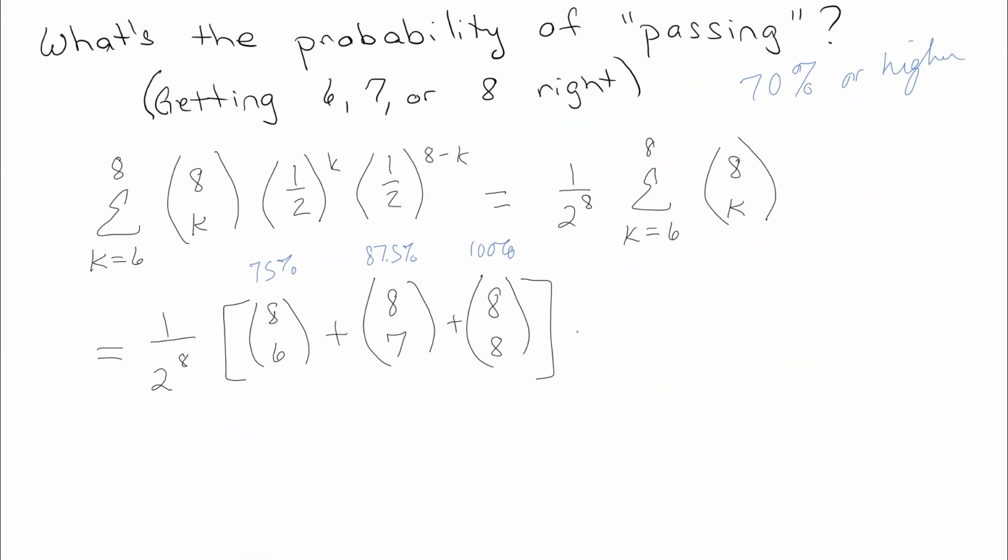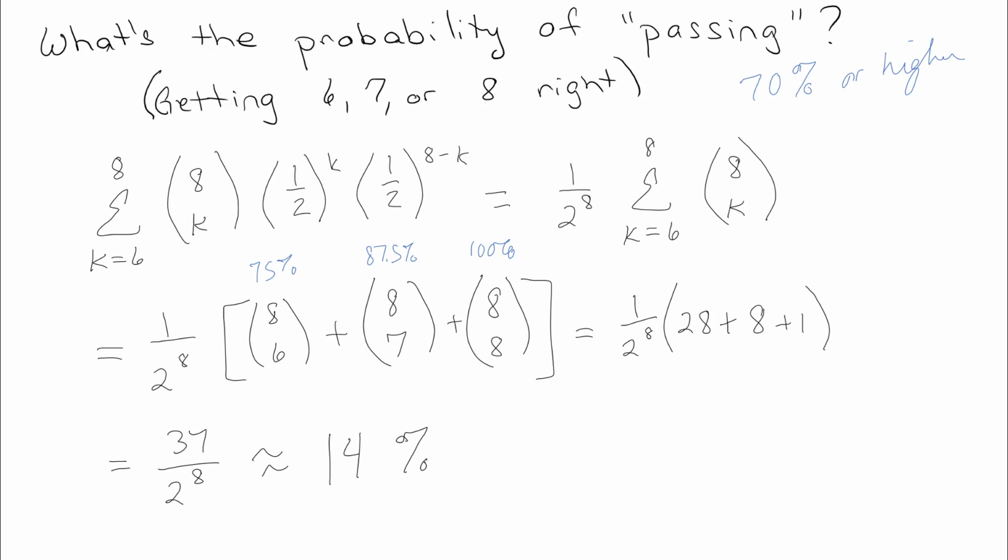So this would be 1 over 2 to the 8th times 28 plus the numbers I've already forgotten, 8 and 1. All right, that's going to get you 37 over 2 to the 8th, which gives you approximately 14% chance of passing.